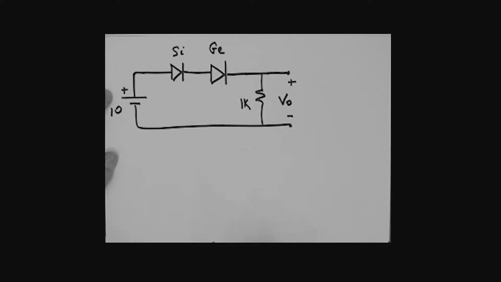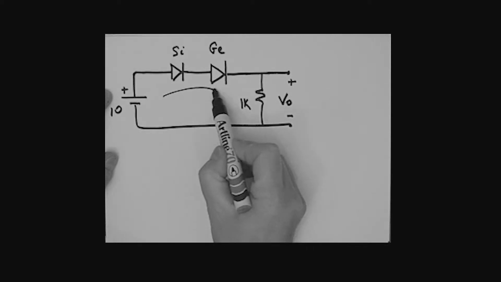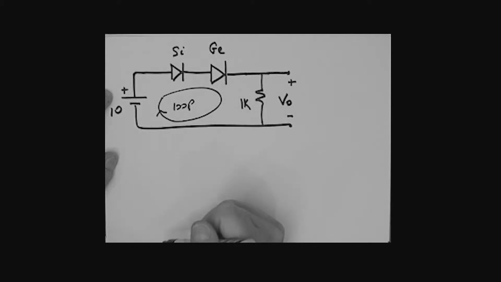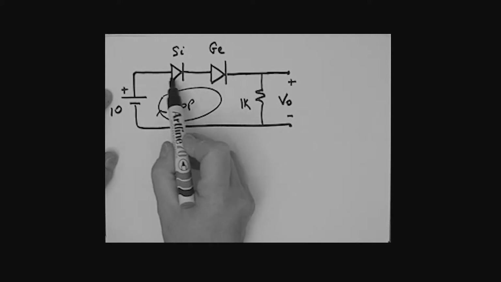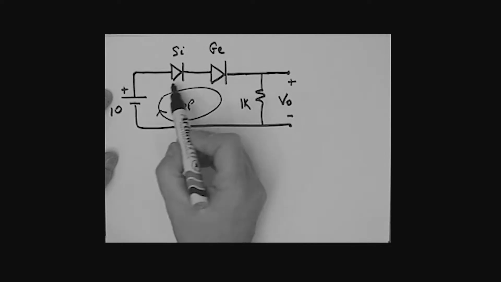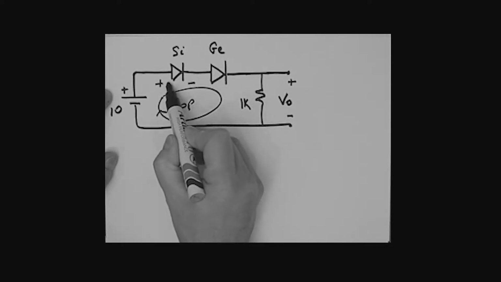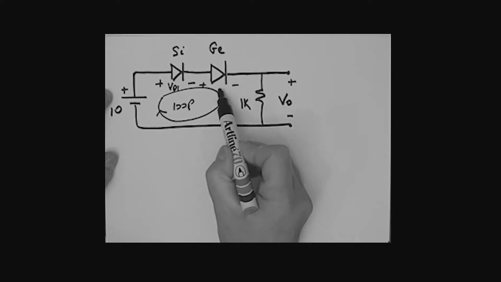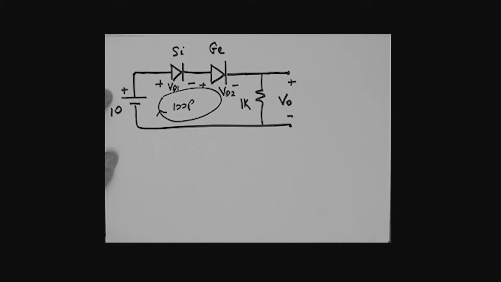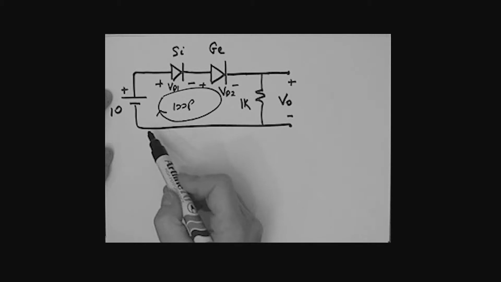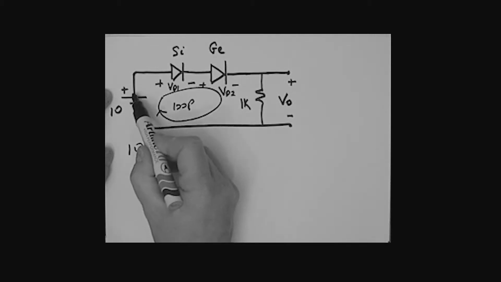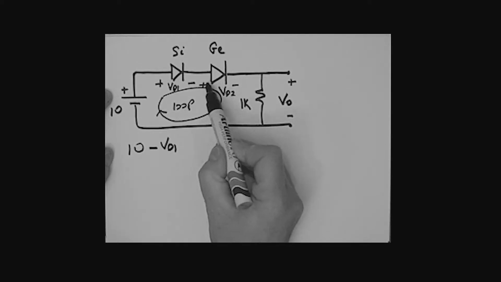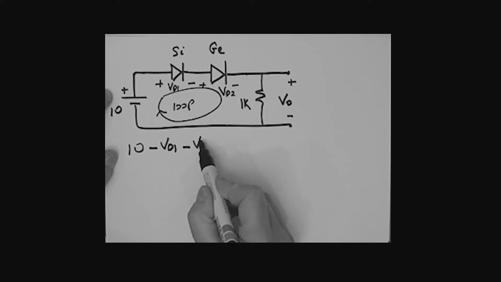Once again, as with so many of these problems, we're going to take a loop. So here is the loop. Are we ready? Nearly. Let's be careful here. The voltage across this diode, plus minus, we'll call that VD1. The voltage across this diode, plus minus, we'll call that VD2. So let's go around the loop. Here we've got 10 going up, plus to minus, dropping, minus VD1, plus to minus, dropping, minus VD2.